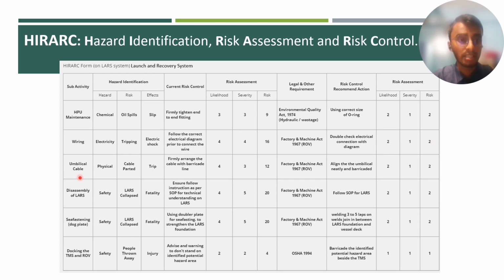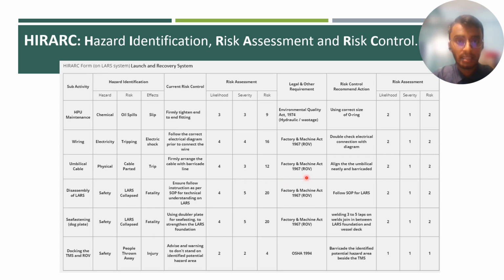And the next sub-activity is umbilical cable, and the hazard identified is physical hazard and the risk is cable parted and the effect is trip. So the current risk control is to firmly arrange the cable with barricade line, and the risk assessment likelihood is 4 and the severity is 3 and the risk calculated is 12.